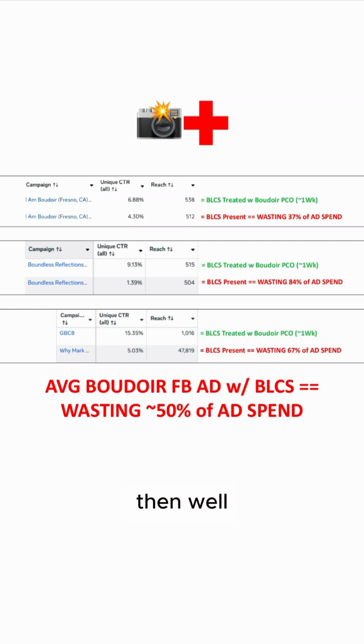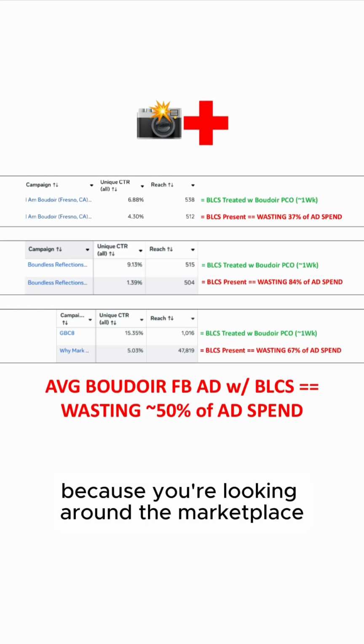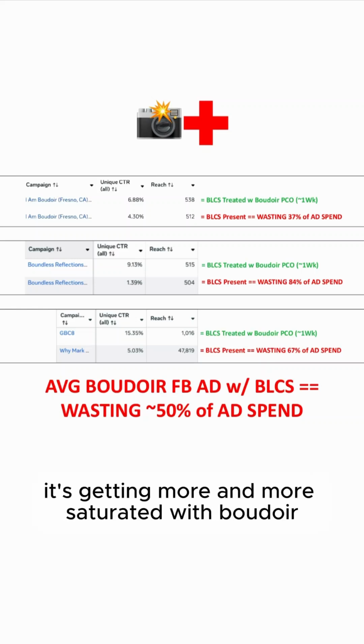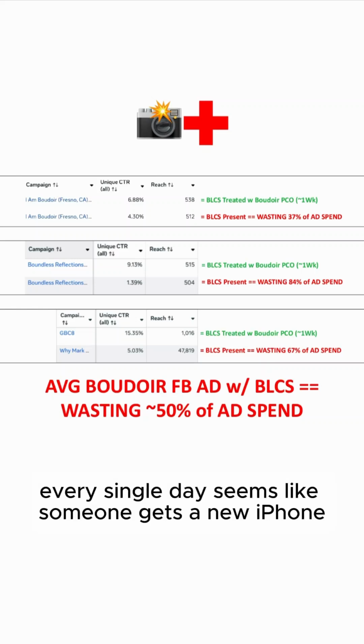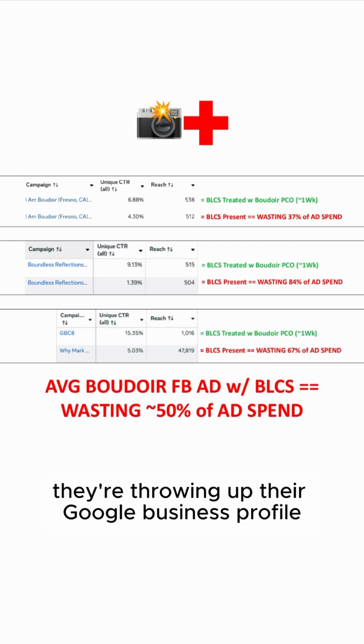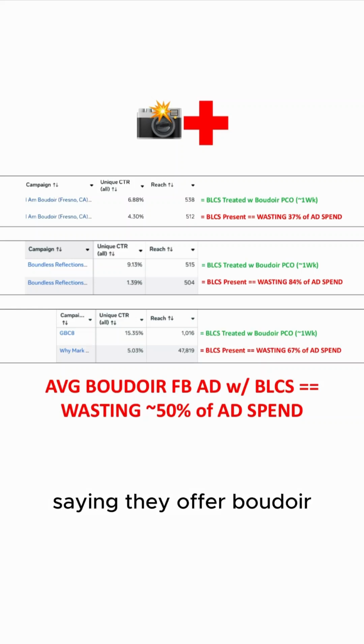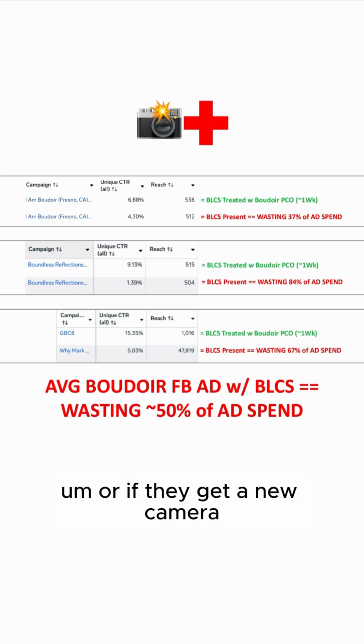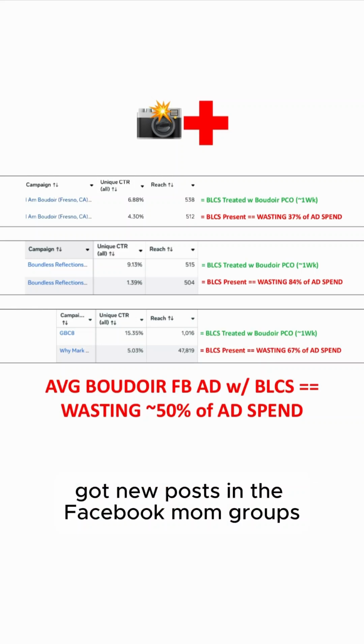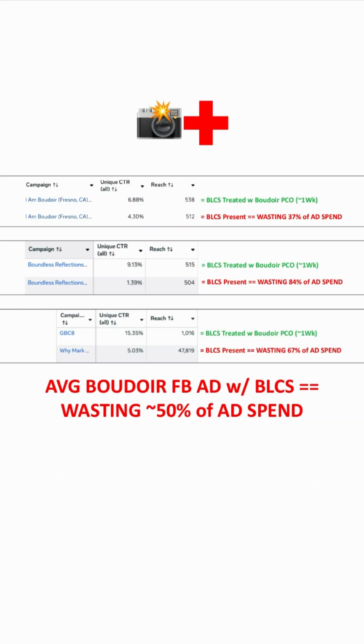Then, because you're looking around the marketplace, it's getting more and more saturated with Boudoir photographers every single day. Seems like someone gets a new iPhone, they're throwing up their Google business profile saying they offer Boudoir. Or if they get a new camera, got new posts in the Facebook mom groups saying they offer Boudoir.